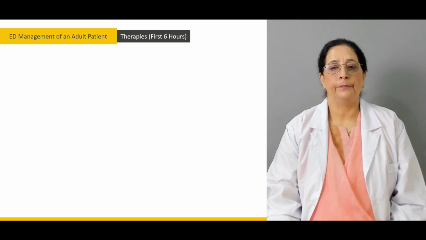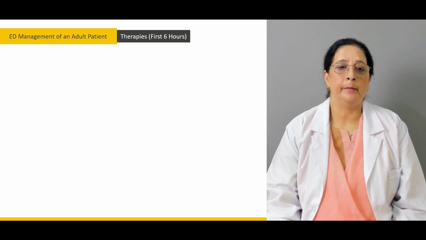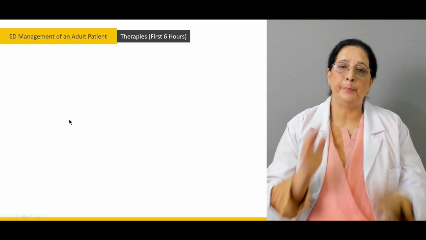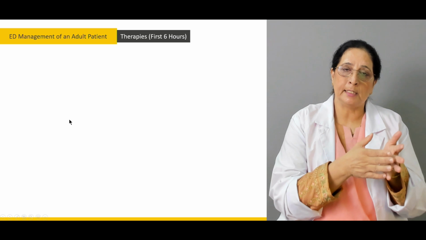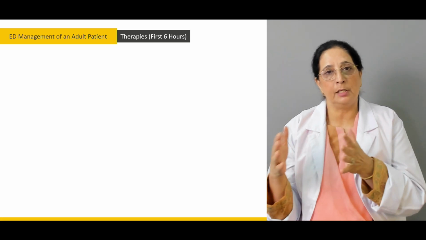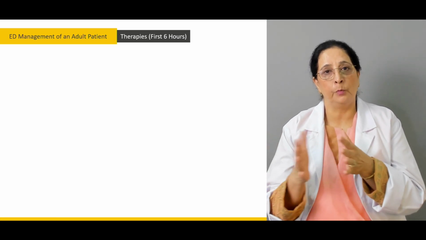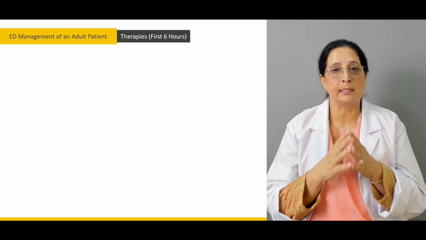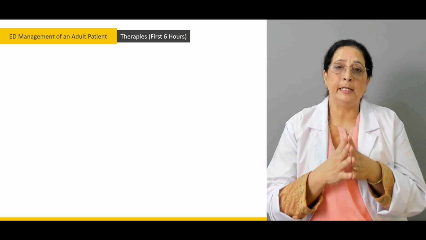Therapies of the patient, or emergency department management of an adult patient. Now we will discuss the management of the adult patient and the pediatric age group. First the adult patient, and make sure the first 6 hours are very critical.